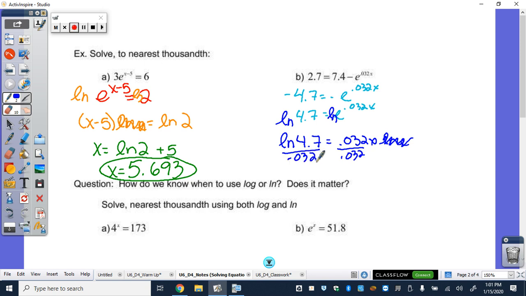So divide by 0.032, and what do we get to the nearest thousandth? .361. So whether you're using logs, ln's, process is still the same.